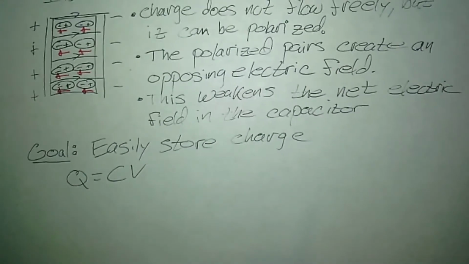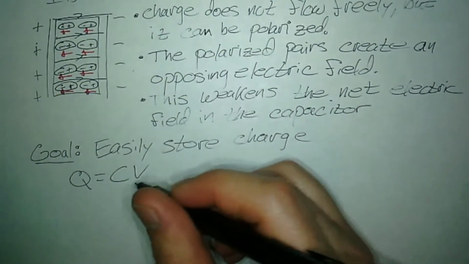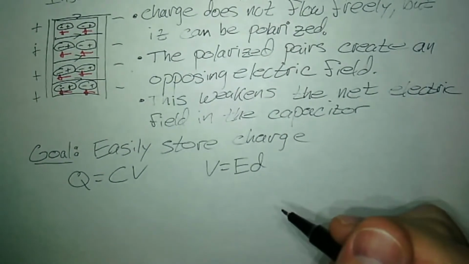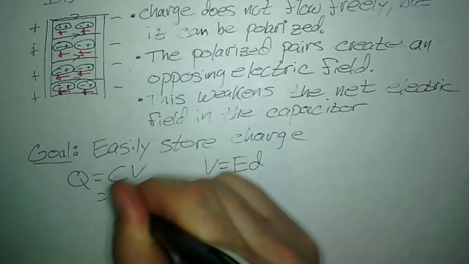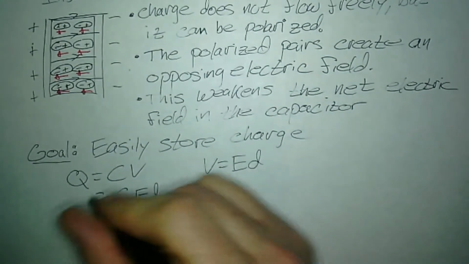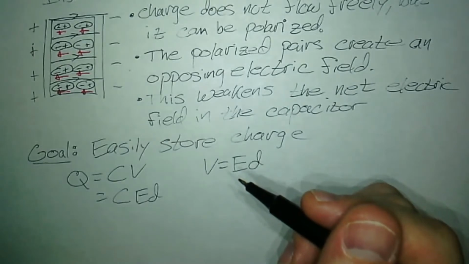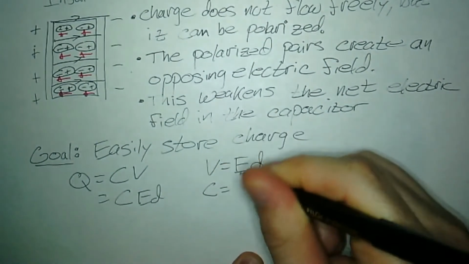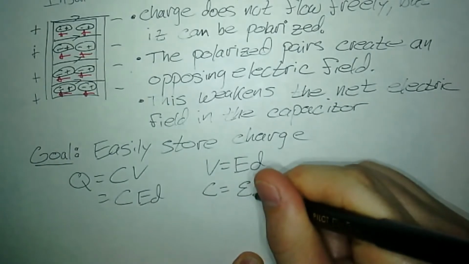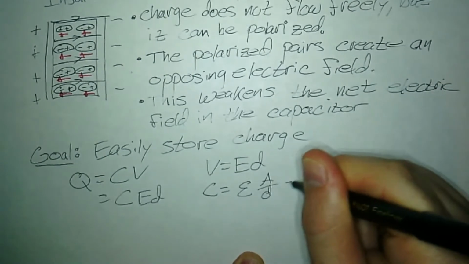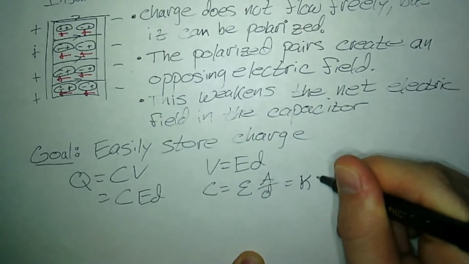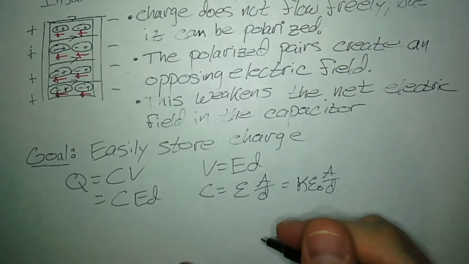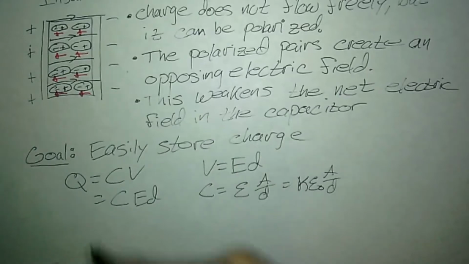Let's slide this up. If I say V equals electric field times distance inside the capacitor, let's rewrite this as C E D. And the equation for capacitance is, we're going to use epsilon A over D, which we could also write as kappa epsilon naught A over D. So let's use this kappa one, and put that in.